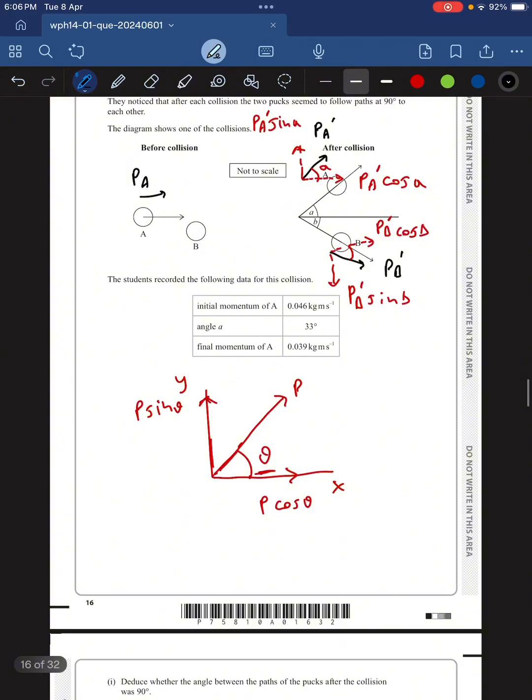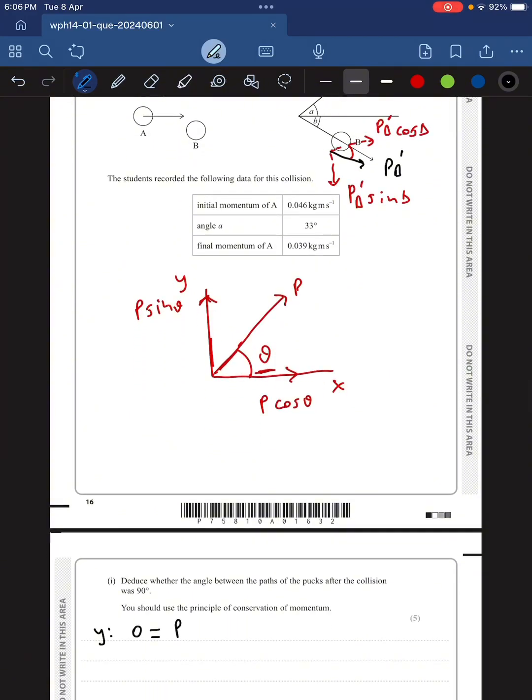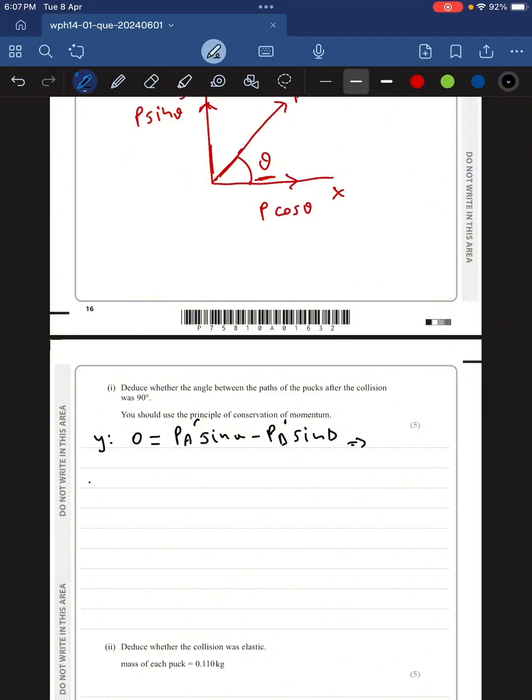Let's take A prime to be the positive one since it points up. So 0 should be equal to PA prime sine of A minus PB prime sine of B. Okay, from this one we can get that PB prime is equal to PA prime sine of A over sine of B.